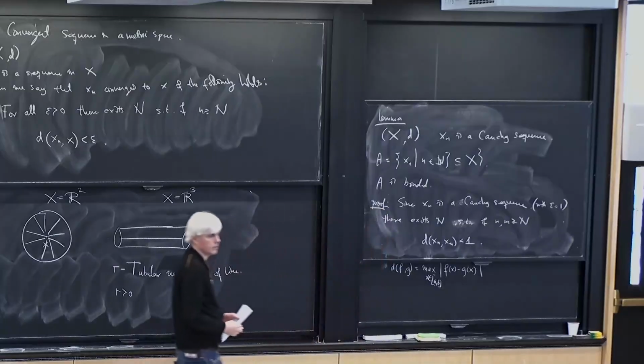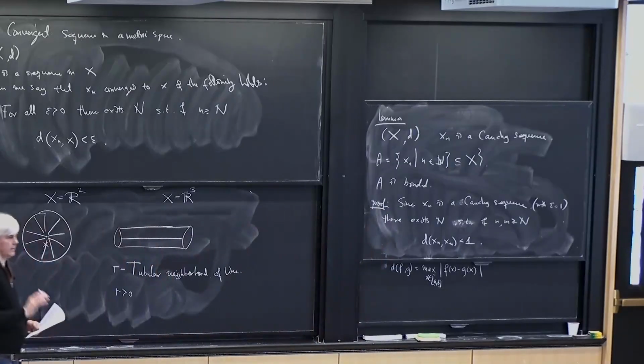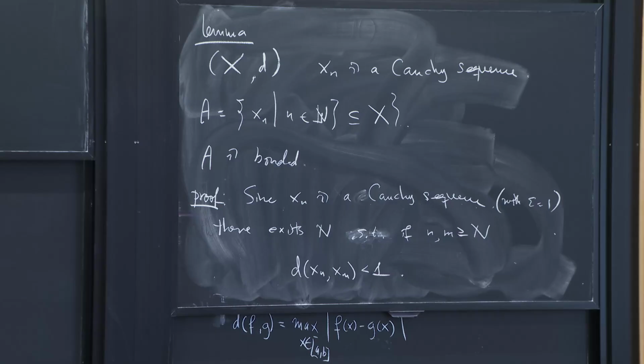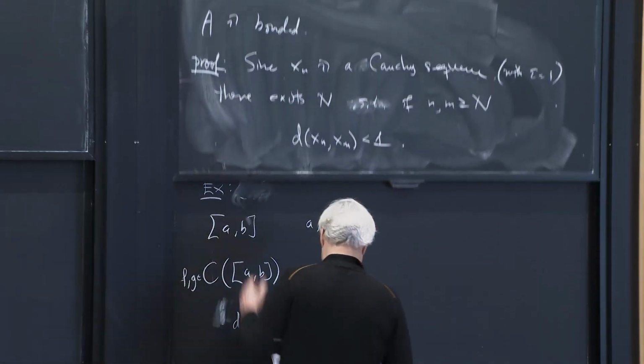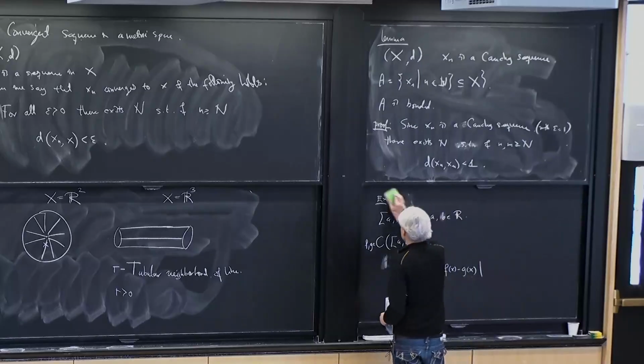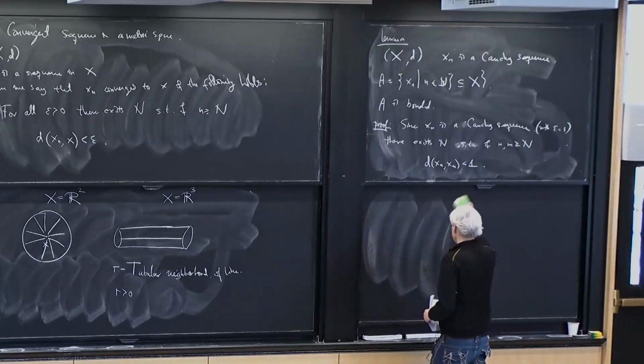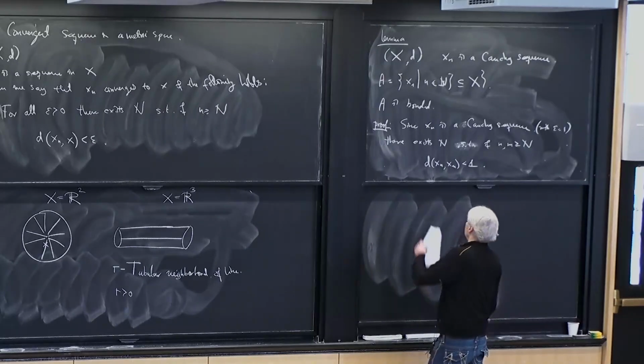This is just using that it's a Cauchy sequence, with one particular epsilon, namely epsilon equal to 1. You don't need it for all of this.